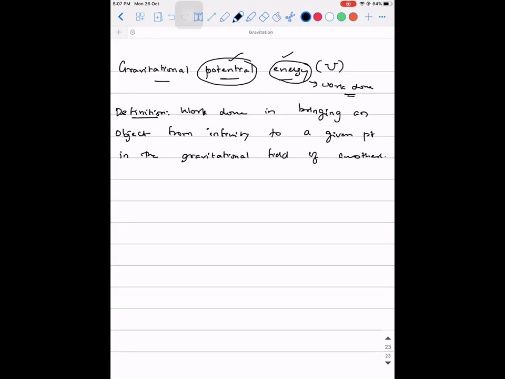I'll explain what it is right now. So work done in bringing an object from infinity to a given point in the gravitational field of another. So that is the basic definition of gravitational potential energy.